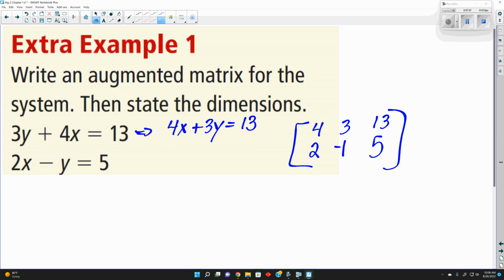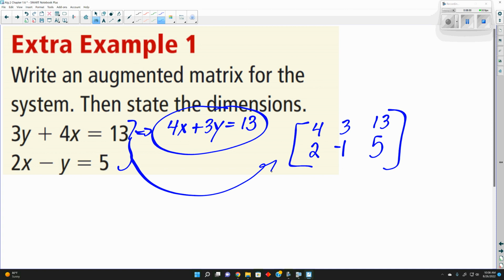Now, probably for some of y'all, seeing how that switched, you could see that already. If you can see how to go from these two here straight to this here, that's fine. You can do that. But if it helps to rewrite it, so you see the sign, see which one's which, rewrite it.